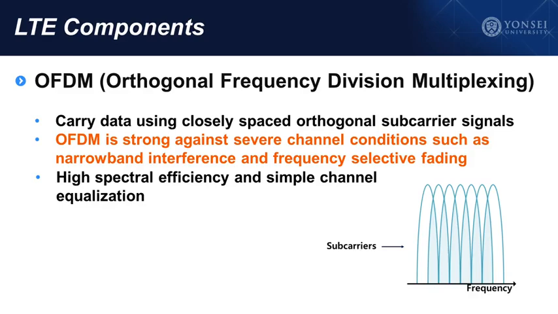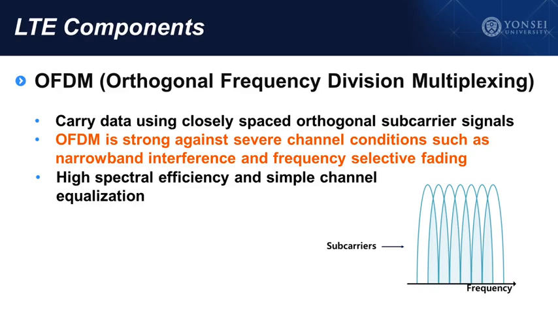OFDM is strong against severe channel conditions such as narrowband interference and frequency selective fading. And this is very important because we're using our signal bandwidth to support many users, and also we have neighboring mobile communication cells that consistently provide interference.